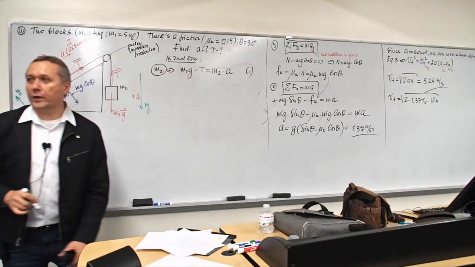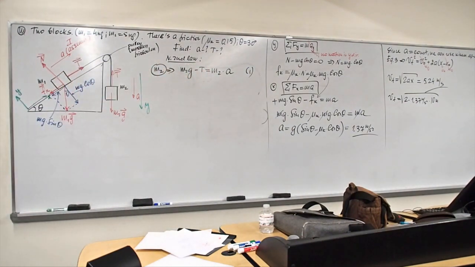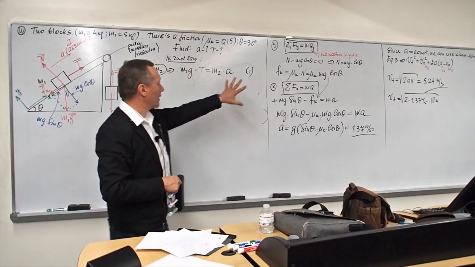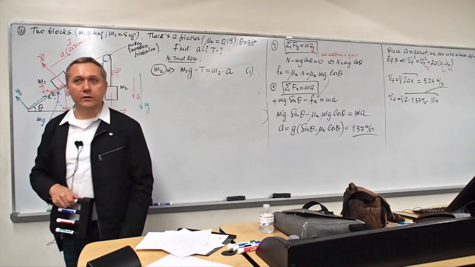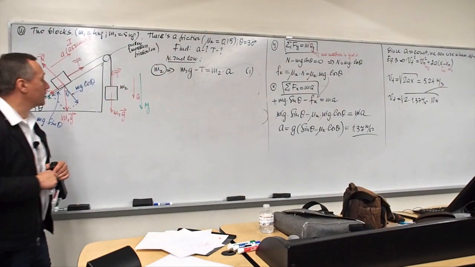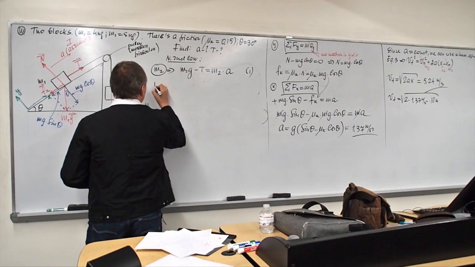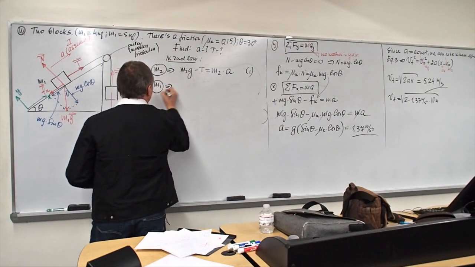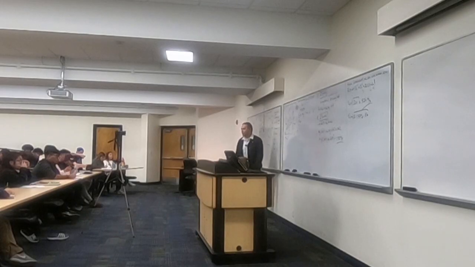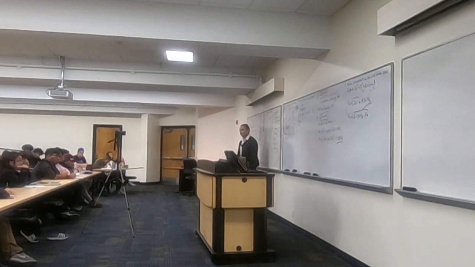How many unknowns do we have in this equation? Two unknowns, so pretty much it means it's not self-consistent. We need to add a second equation, right? That's why I put one, and now let's start searching for the second equation. So of course now let's look at object M1. And now we have two directions, x and y.